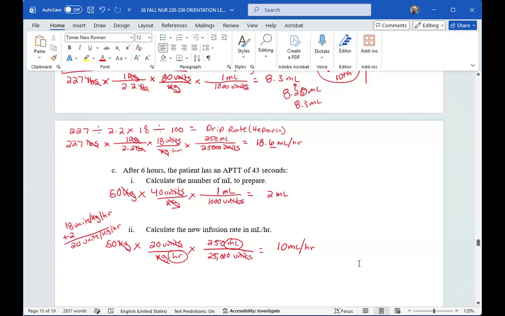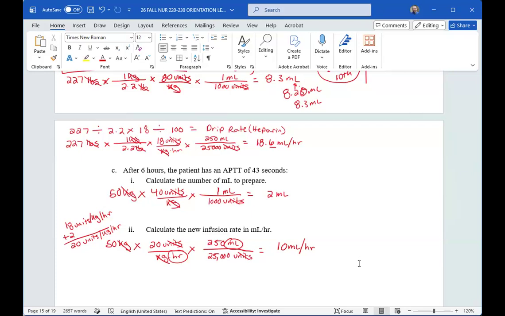So I just wanted to show you that. Again, I don't think you're going to see that question on the 220, 230 test. I don't think you're going to see that question on the 240 test, but I just wanted to show you that too. For those of you that are 220, 230, as we wrap up here, you're welcome to stay on for the 240 review because a lot of it's the same stuff.